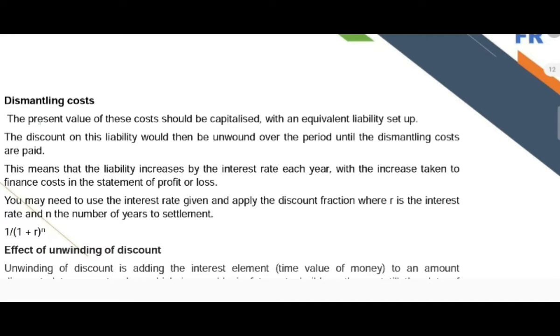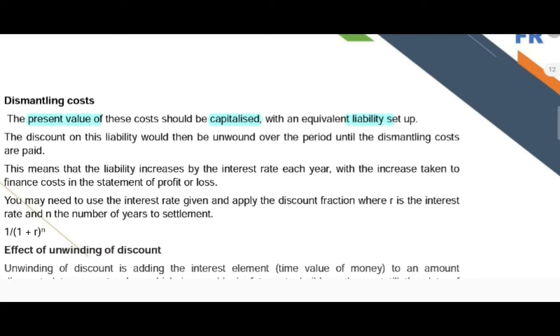Remember that for dismantling costs, the present value of those costs should be capitalized. If you have to incur some cost after a period of 5 years, then you need to calculate what is the present value of future costs that you have to incur after a period of 5 years. And that present value should be capitalized with an equivalent liability.